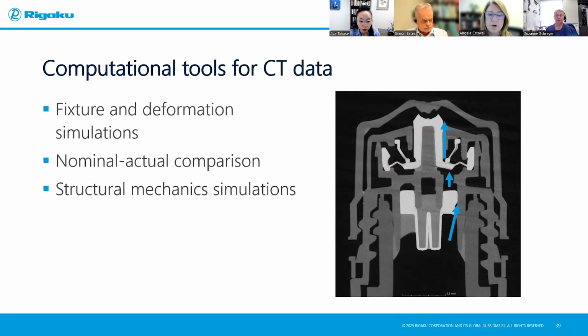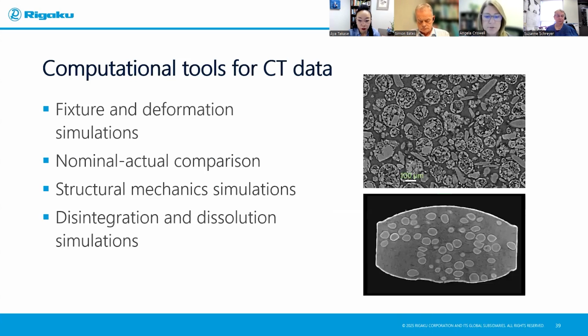You can do structural mechanics simulations for other devices, maybe titanium rods that might fit as bone or replacements of bone. You can also do disintegration and dissolution simulations of your tablets with some programs. And we talked about that with an expert from DigiM and how that's done. And I is going to put a link to that in the chat.